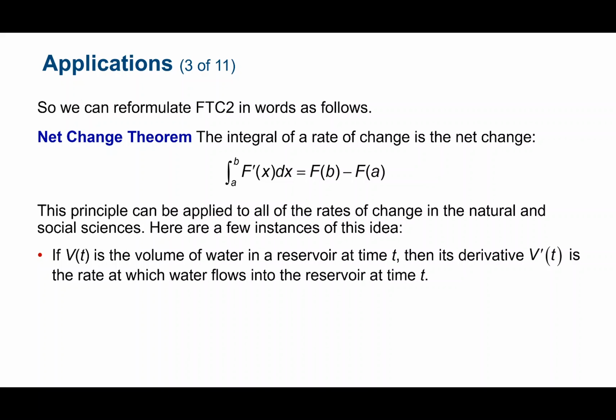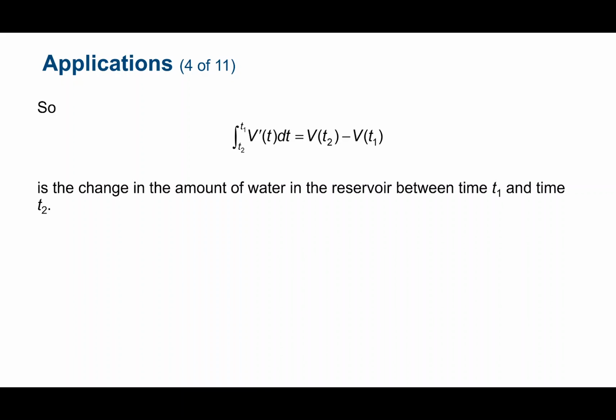And so if we are using our fundamental theorem here, if we took two times and found the integral of the change of the volume, all we would have to do to get the net amount that the volume has changed is evaluate the function at time 2 and at time 1 and subtract.